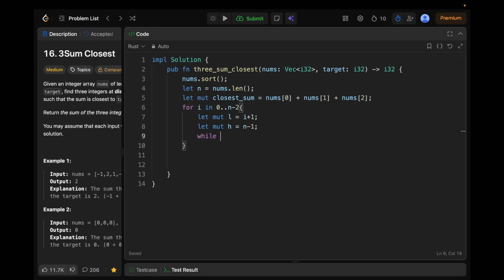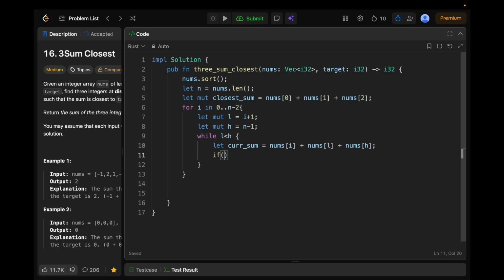While low is less than high, I calculate the current sum, which is nums of i plus nums of low plus nums of high. Following this, I calculate the distances.